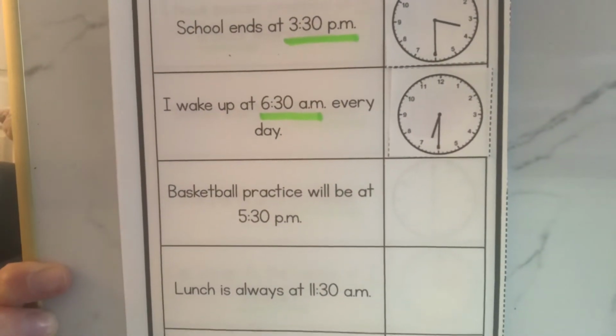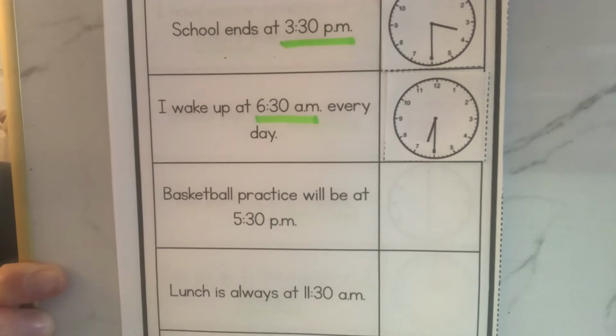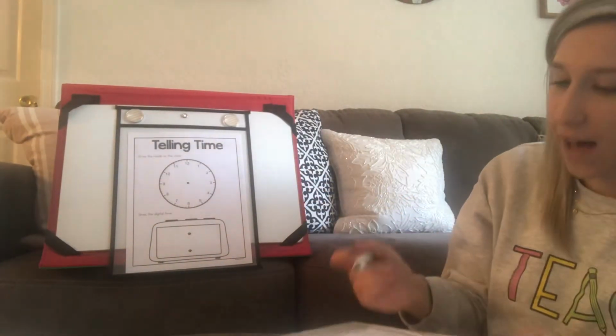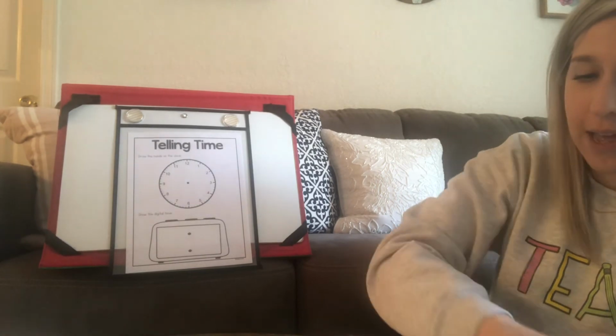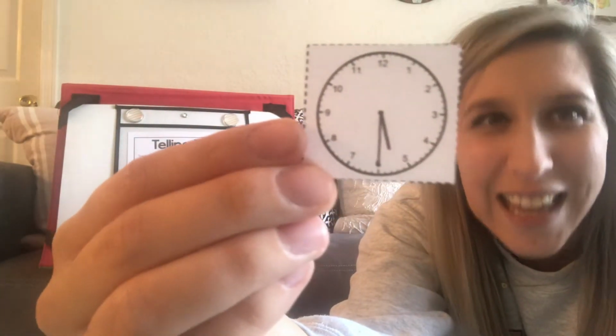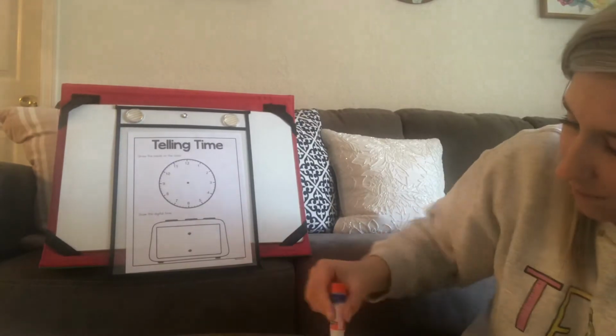Okay, next one. Basketball practice will be at 5:30 p.m. What do I need to underline? Yeah, 5:30. Okay, here we go. Does this say 5:30? No. Does this say 5:30? Yeah, that says 5:30.